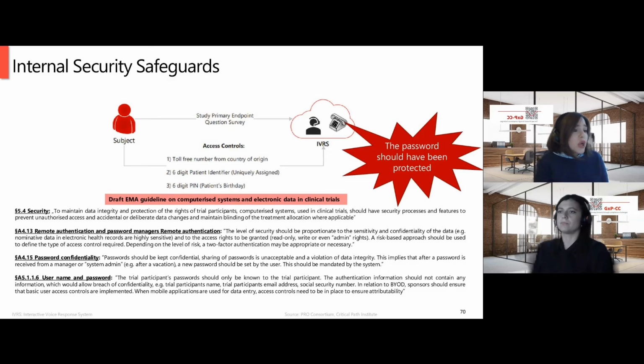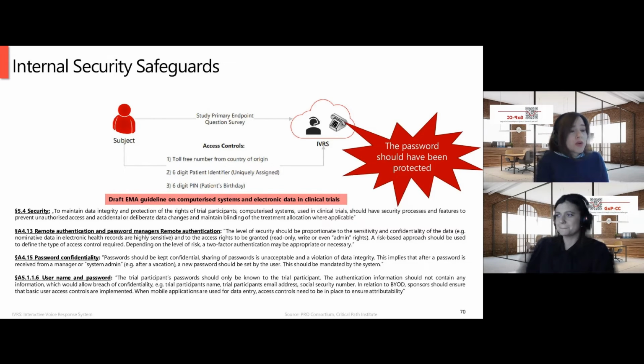Also, when it comes to remote authentication and password management, there should be a risk-based approach considering the sensitivity and confidentiality of the data, and access rights have to be granted cautiously. It should be very much taken care of who takes administrator rights, and there should be a risk-based approach on the type of controls implemented.